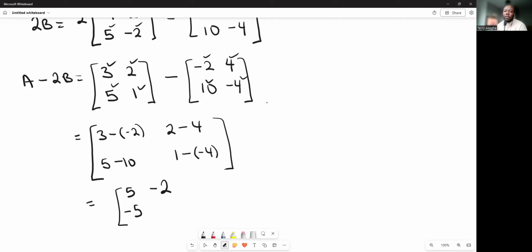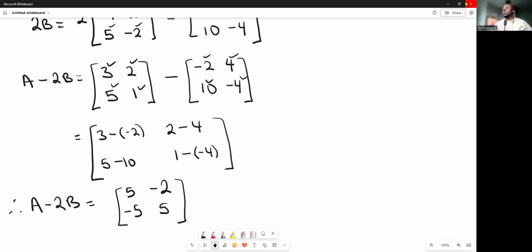And that will give you 5. So that means, therefore, we can now say that a minus 2b for that matrix is going to be 5, minus 2, minus 5, and 5. Okay? So that will be the answer for that.